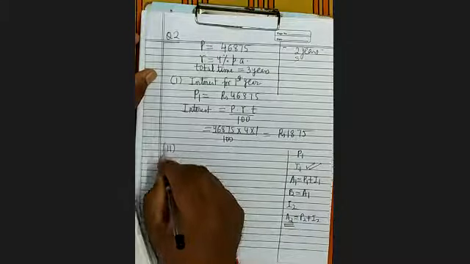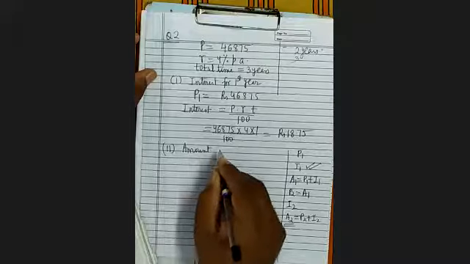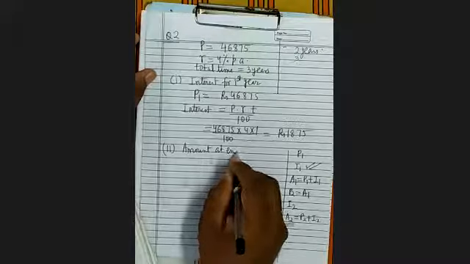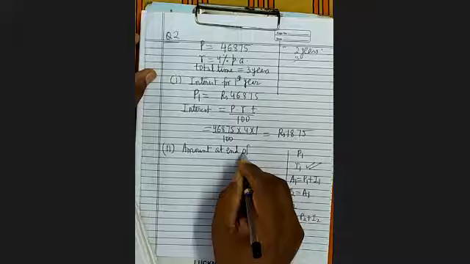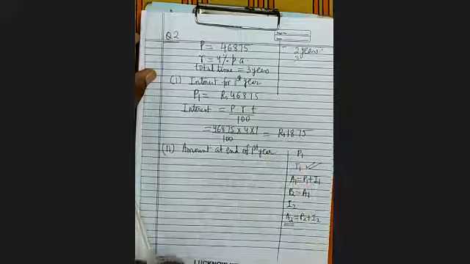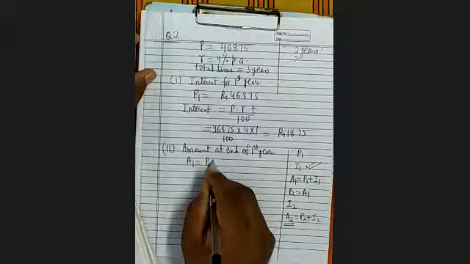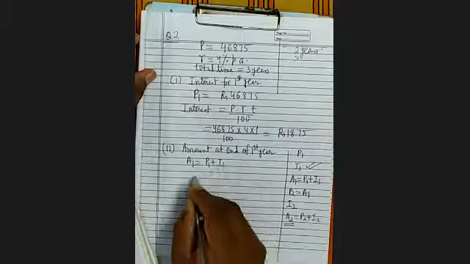So see here, amount at the end of first year. What is the amount at the end of first year? A1 equals P1 plus I1.